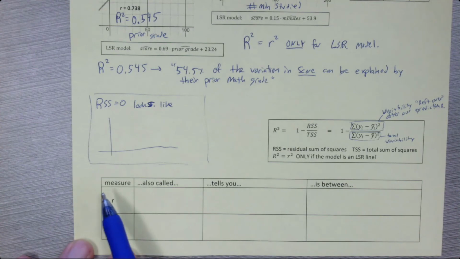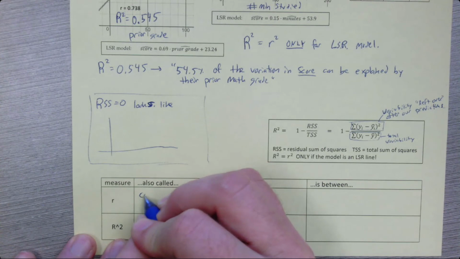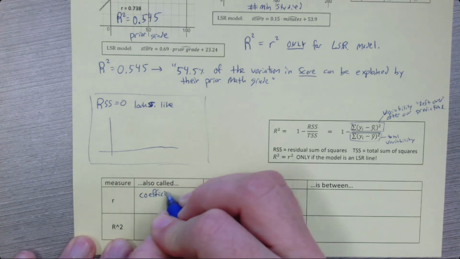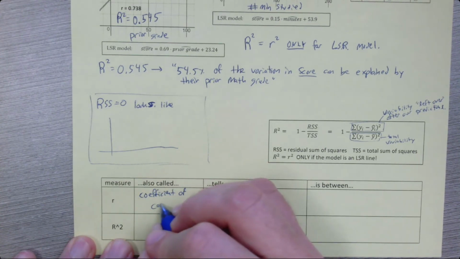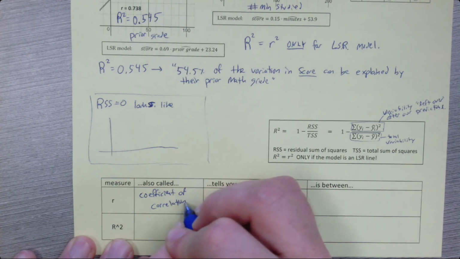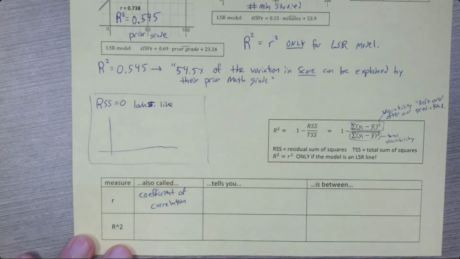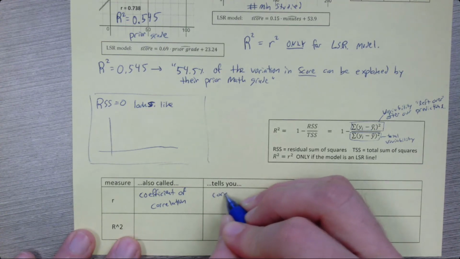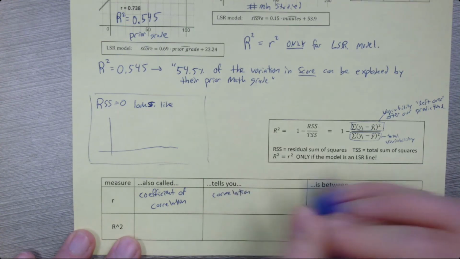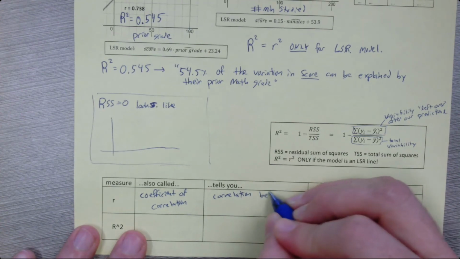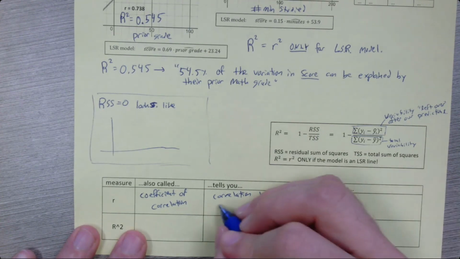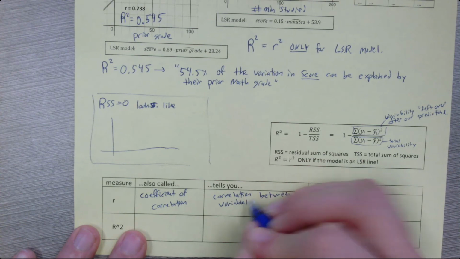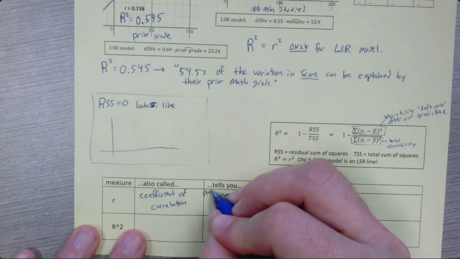Finally, let's go ahead and make a summary table here. So R is also called the coefficient of correlation. Sometimes the word Pearson is attached to it. And it tells you the strength of the correlation between variables. Maybe we should write the word strength.